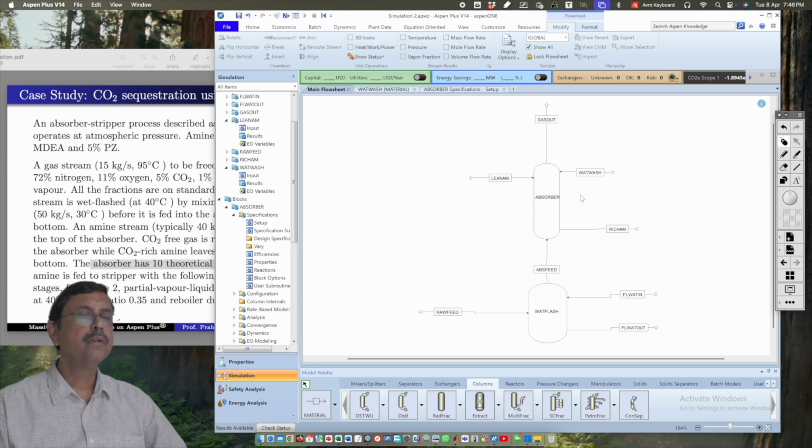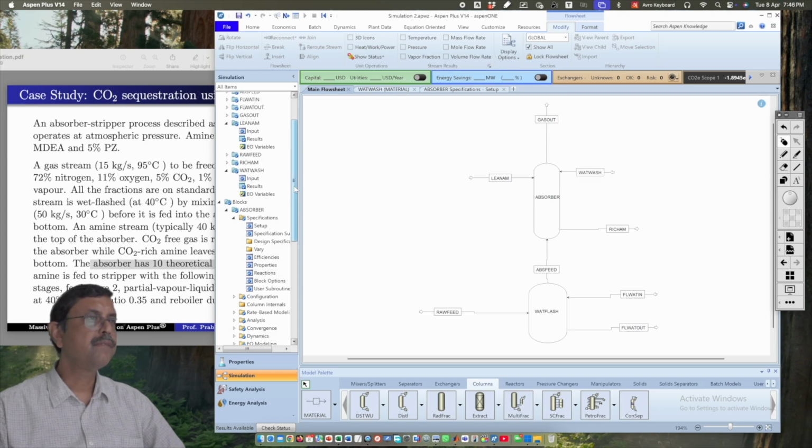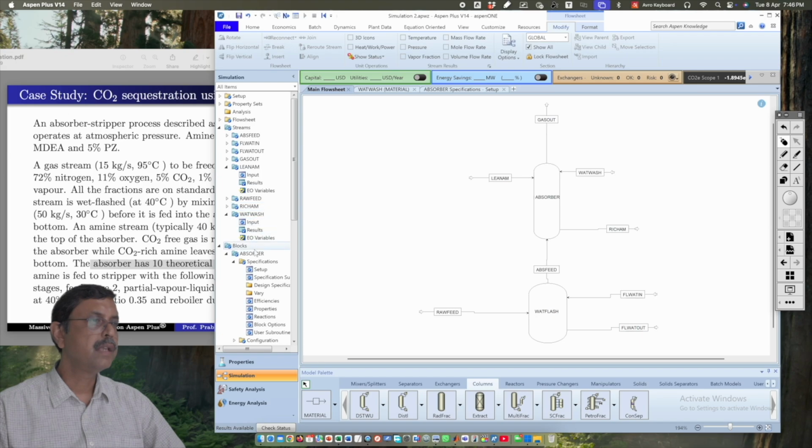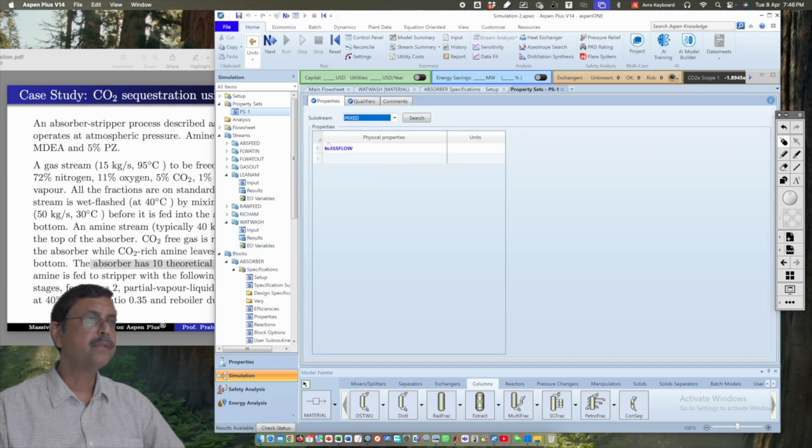Now let us watch the flow rate of CO2 that is coming through these streams. For that, we have already defined it over here. So look at the property set. It is PS1 mass flow rate.